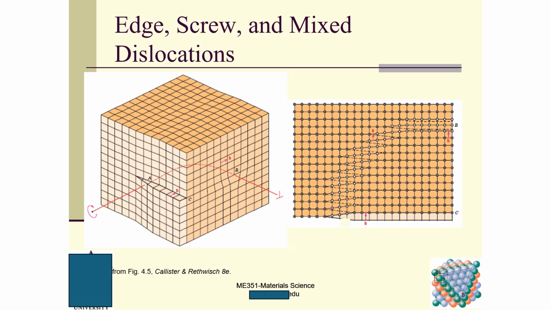So look here, edge. It goes this way, and you just screw it and mix the dislocation. This is the edge moving here. This is the extra edge. I'm talking about the extra edge.